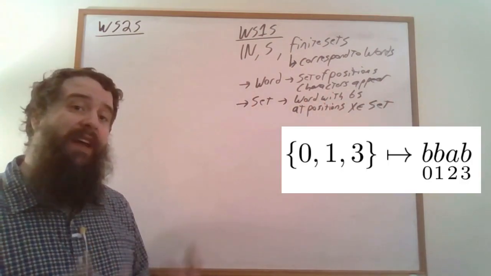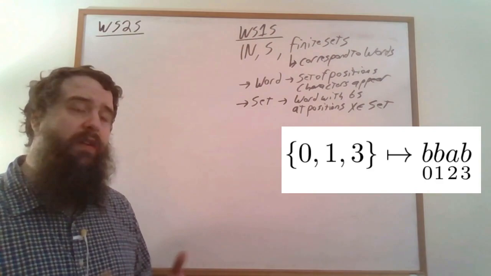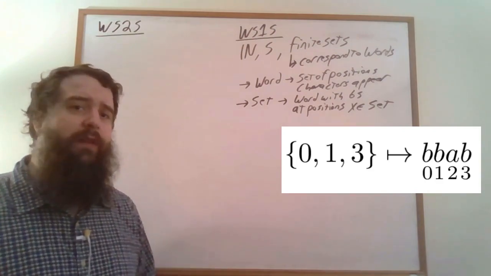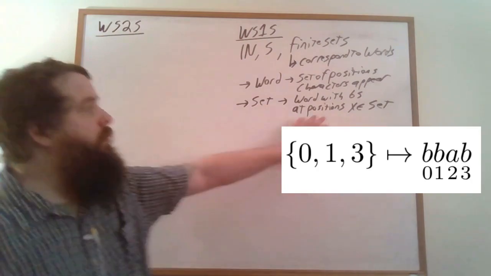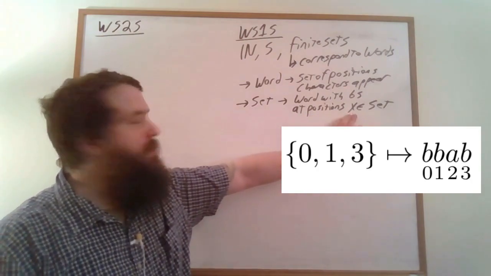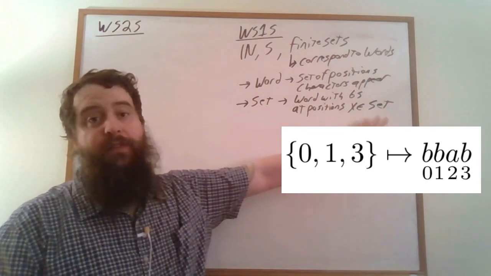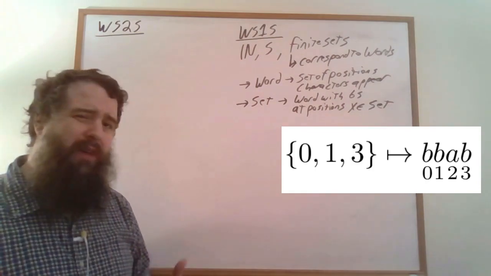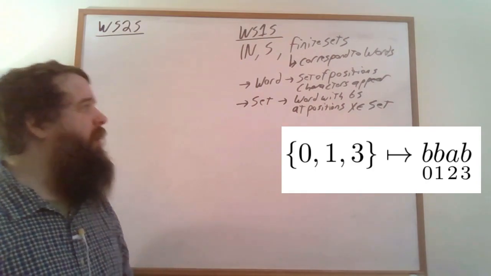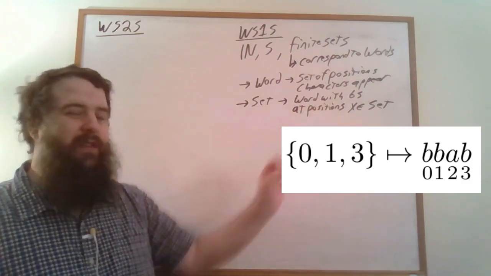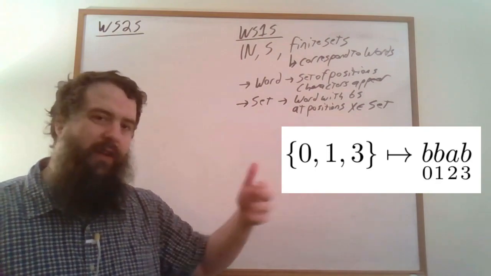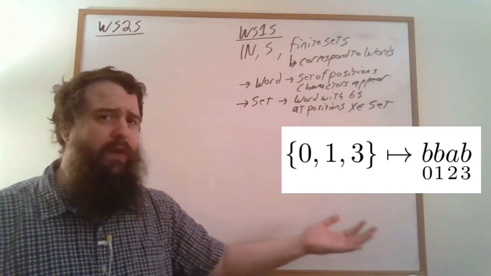And if we had a finite set of natural numbers, we could turn it into what I call a characteristic word. It's a word that has B's in positions which are exactly the numbers in that particular set. And again, the correspondence here is a little bit loose. We want to say that the last character of these words is a B, so that they don't have any unnecessary trailing A's at the end of the word.